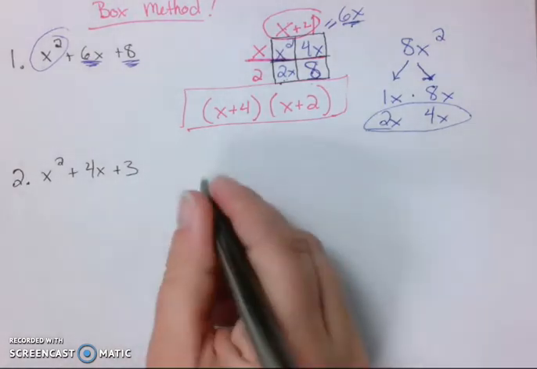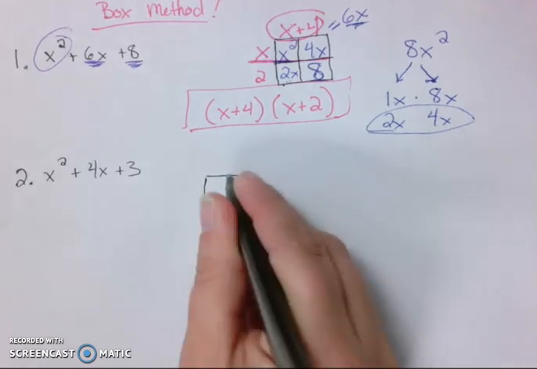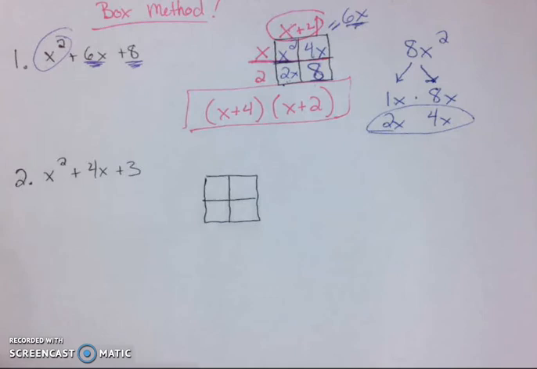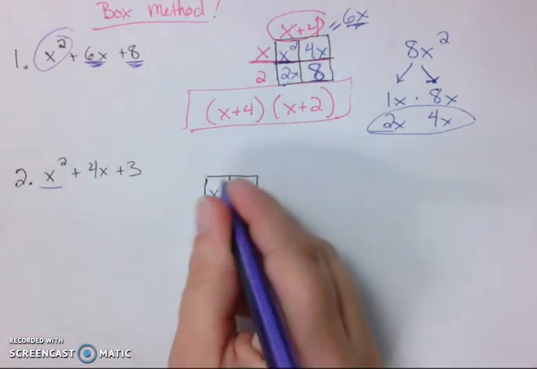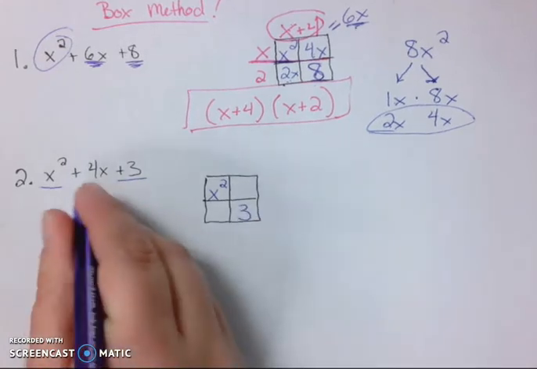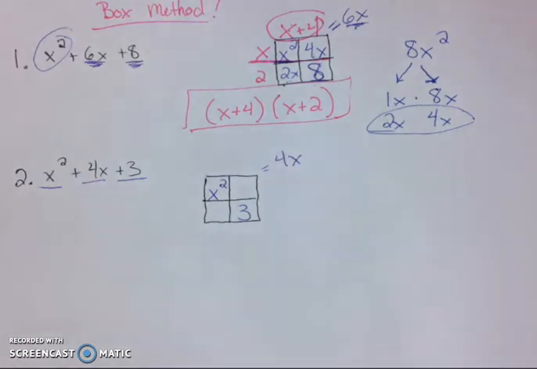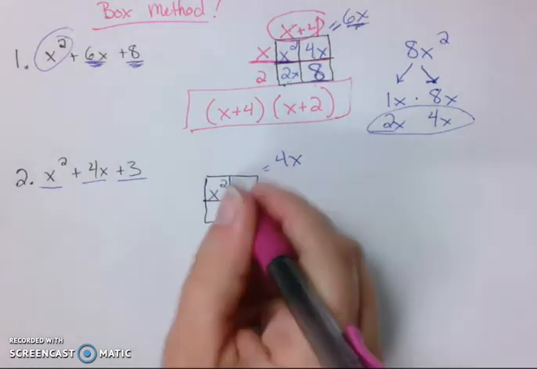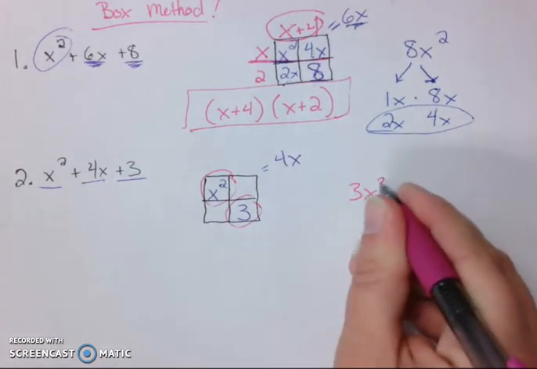It's always going to be a 2x2 box. First term in the first box. Last one in the last box. Middle off to the corner. Now you multiply these together, and I get 3x squared.